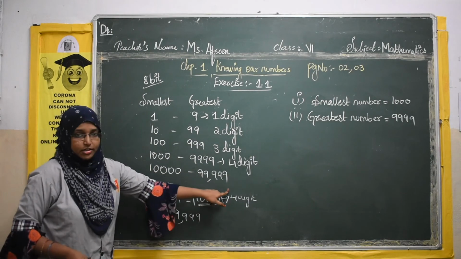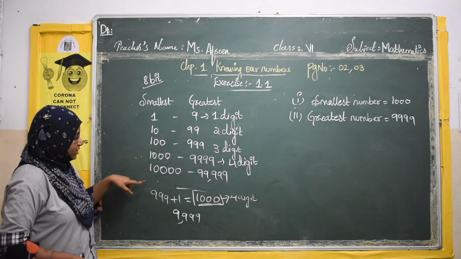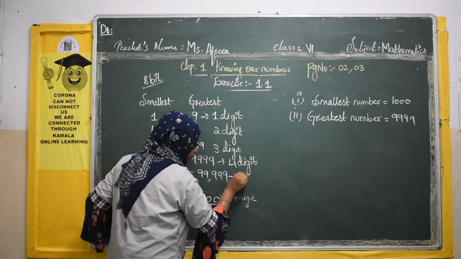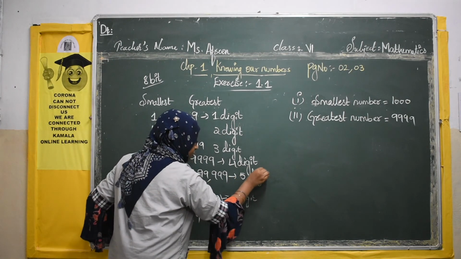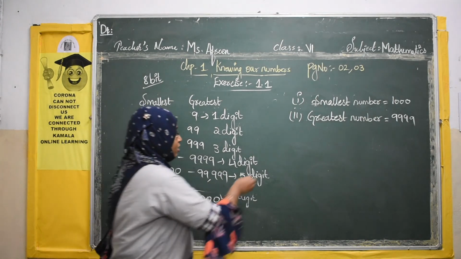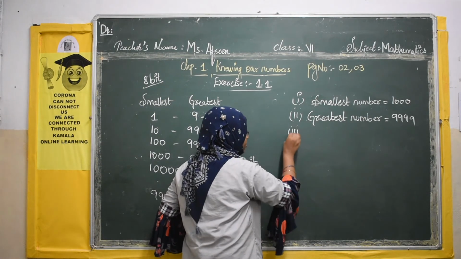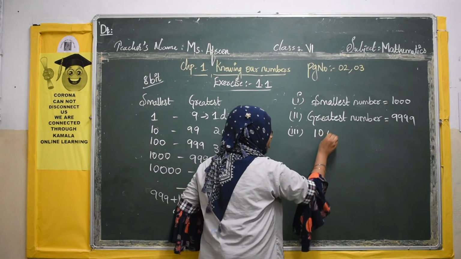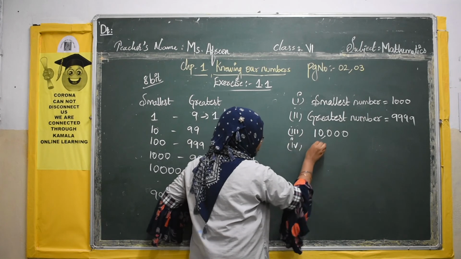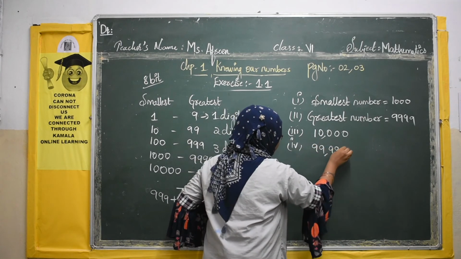Again, increase of 9s, increase of 0s. This is the greatest 5-digit and the smallest 5-digit number. So the third question: the smallest 5-digit number is 10,000. Next, the greatest 5-digit number is 99,999.